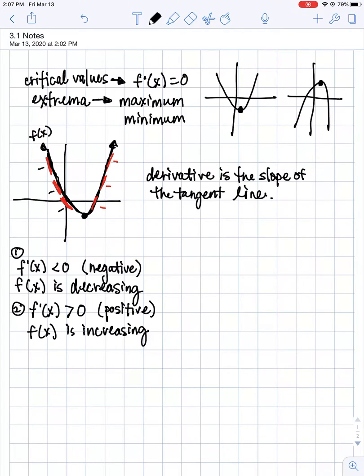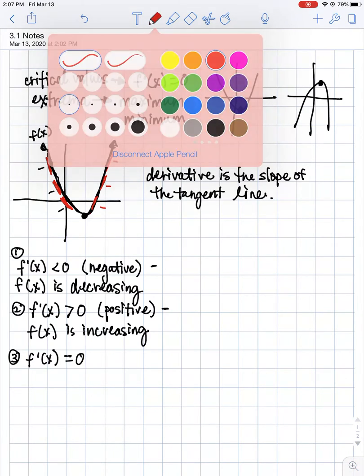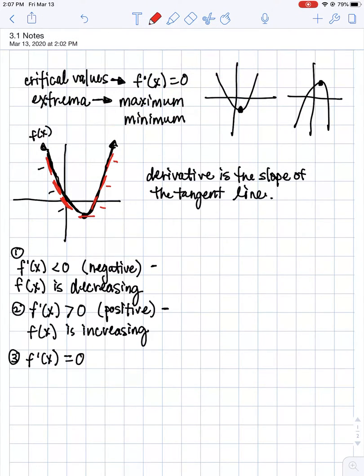The last idea: I've talked about what happens when the derivative is negative and what happens when the derivative is positive. But guys, derivatives can also be equal to 0. If I draw this line right here, you know from college algebra, this line is not increasing and it is also not decreasing. That is a slope of 0, which means the derivative equals 0.